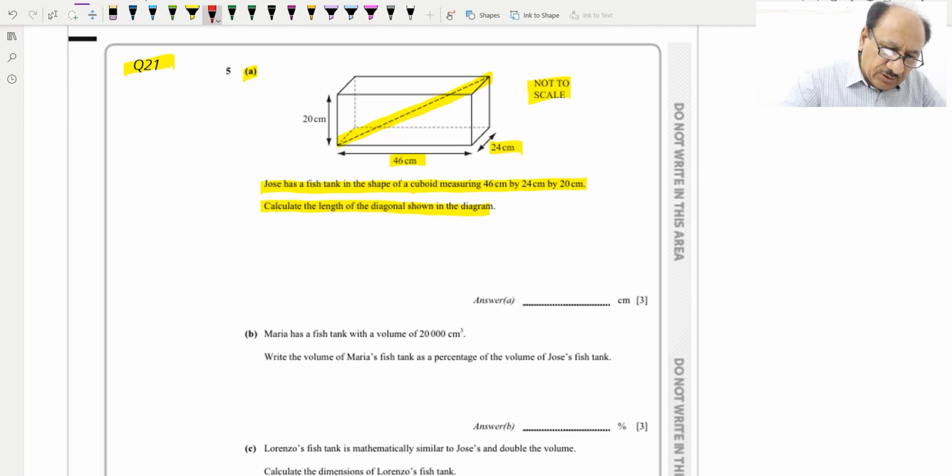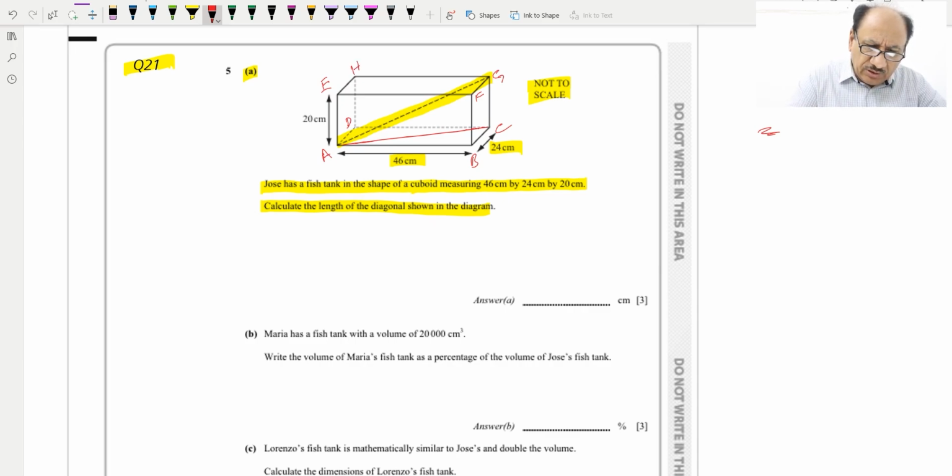We will join the base diagonal, these 2 points, and first consider this right angled triangle, and then we can label the diagram as A, B, C, D, E, F, G, and H.